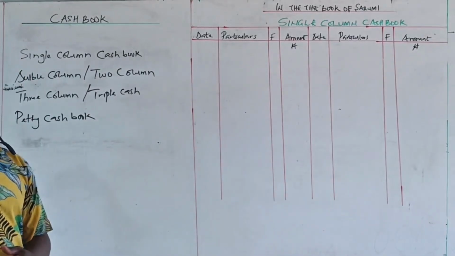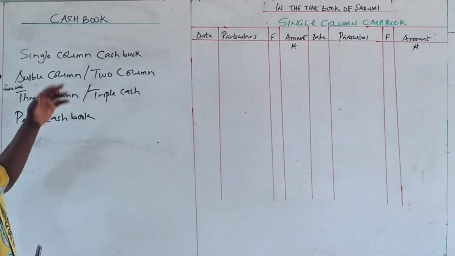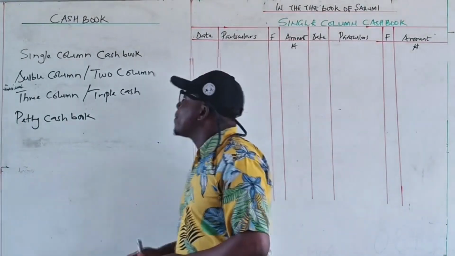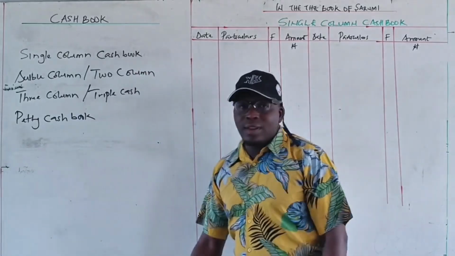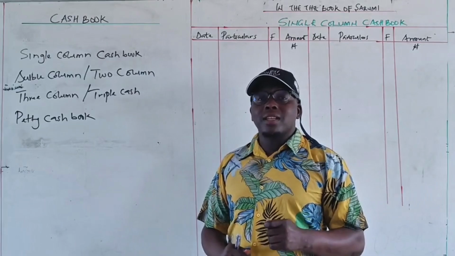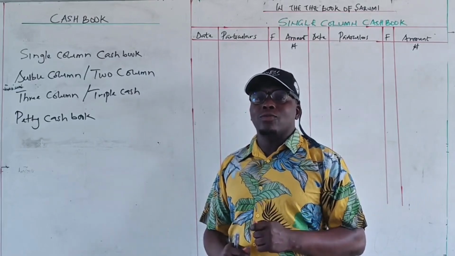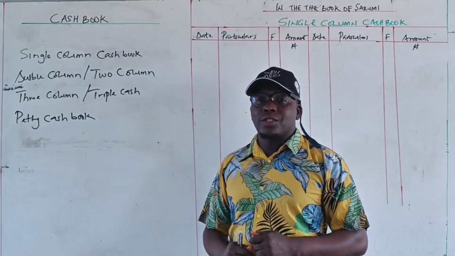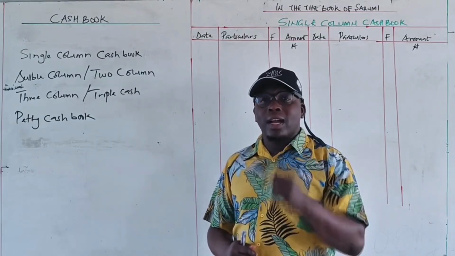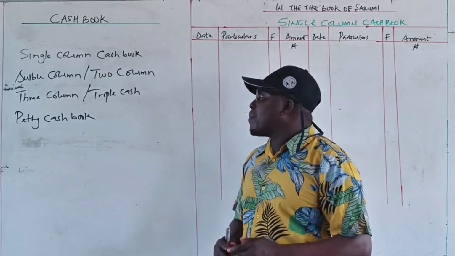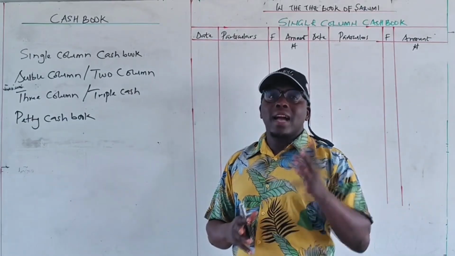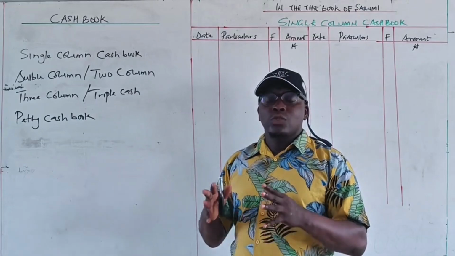Before we go into the calculation proper, let's look at each of these cash books one after the other. The single column cash book records the cash or bank account of any business organization. The double column cash book combines the cash and bank accounts together.